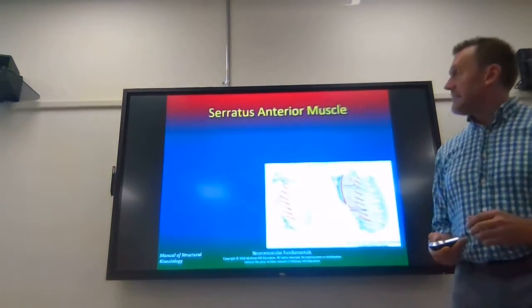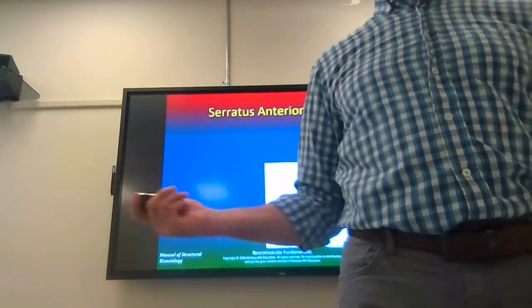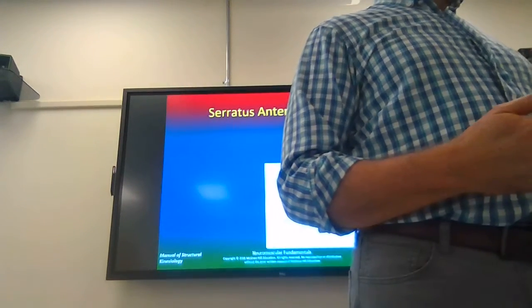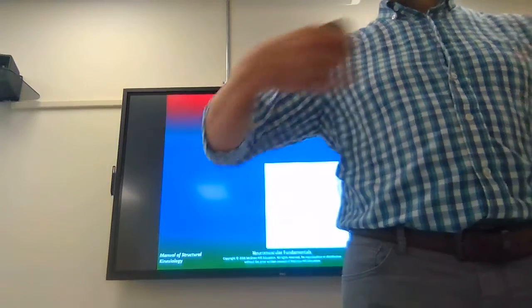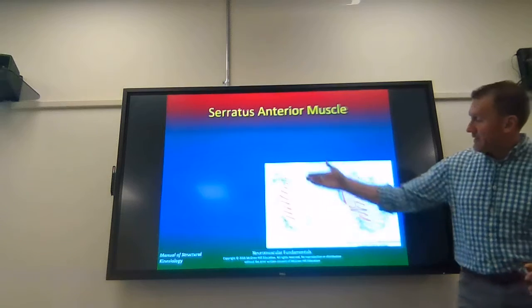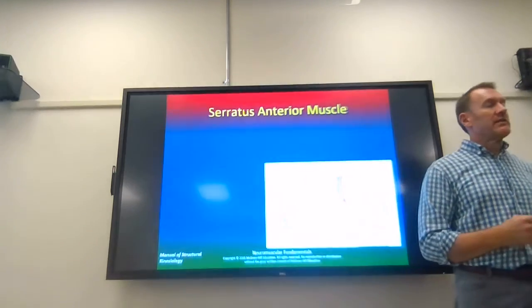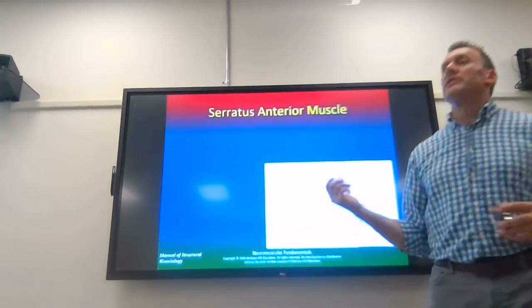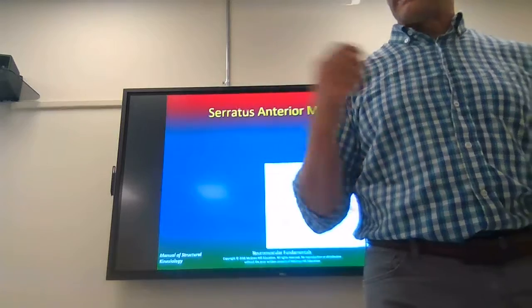Okay, so serratus anterior. The site of origin is somewhere on the axial skeleton, right? So it's going to be the top surface of the first 9 ribs. Remember, rib cage, that's part of the axial skeleton. So that's where the origin has to be. Surfaces of the upper 9 ribs, side of the chest. So the insertion point has to be somewhere on the shoulder girdle, because that's what actually moves.